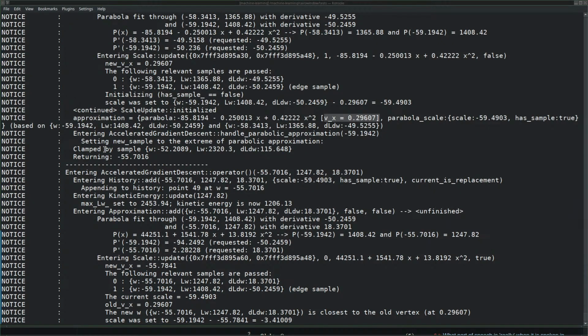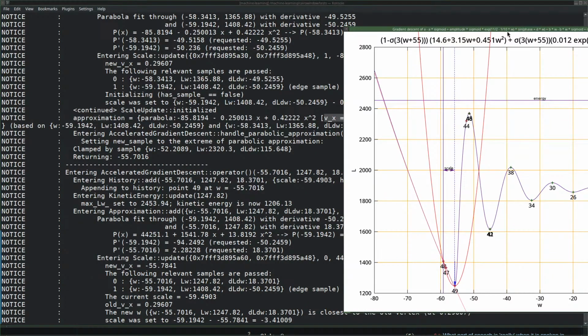Because we got clamped by minus 52.2, which is which one? I'm gonna guess 44. So it did jump over 47, got clamped on 44, and then made up that it had to jump right to the minimum that we were looking for. What?